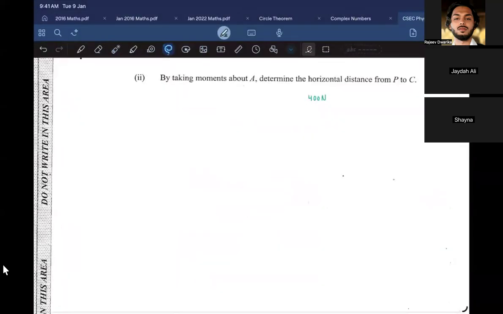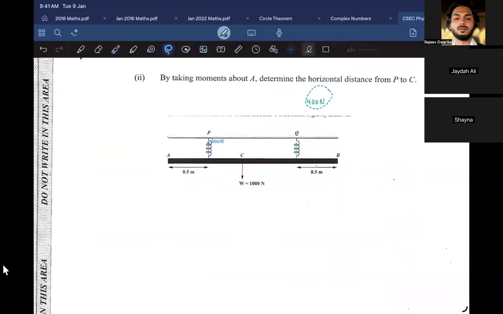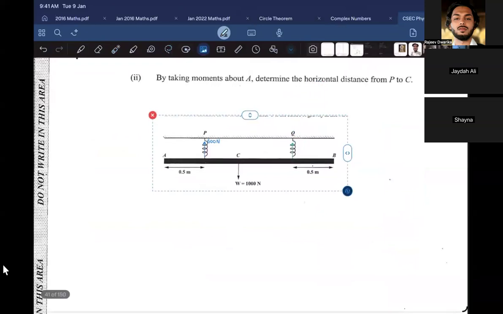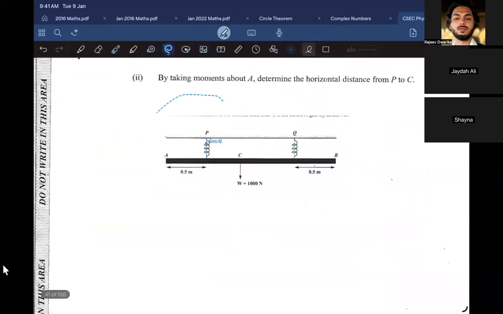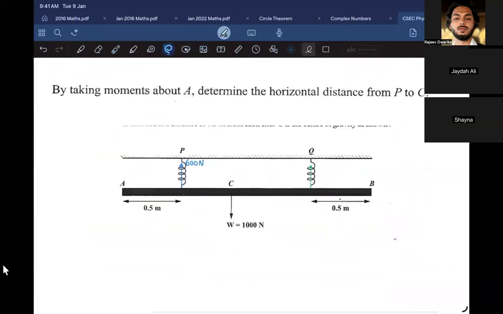Nice. So let's answer this question quickly. By taking moments about A, determine the horizontal distance from P to C. Okay, so Jada, this is an interesting question, right?